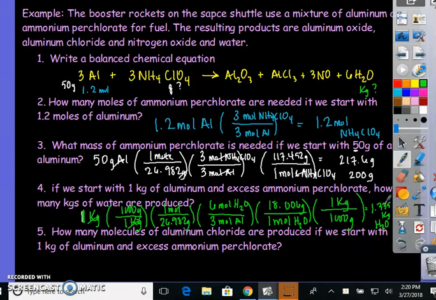Okay, and the last part of the equation, number 5, this is how many molecules of aluminum chloride are produced. If we start with 1 kilogram of aluminum, and again, this excess ammonium perchlorate. So if we start with 1 kilogram of aluminum, let me go ahead and get this to grams.